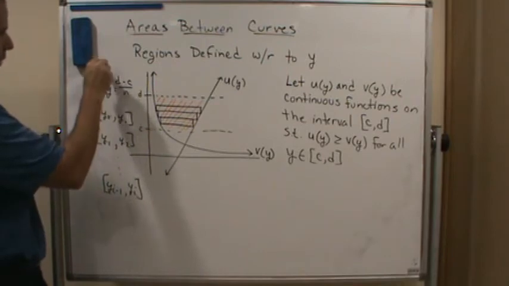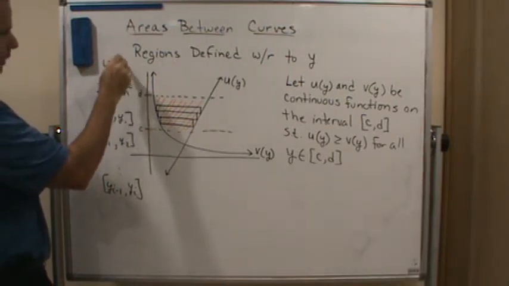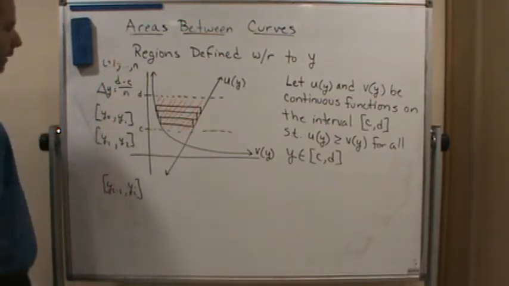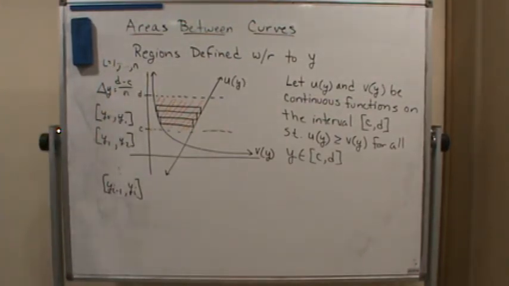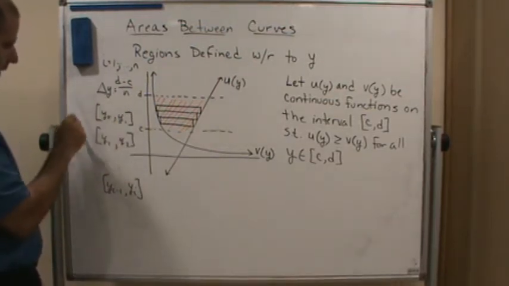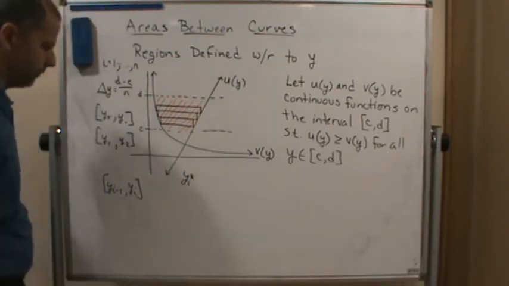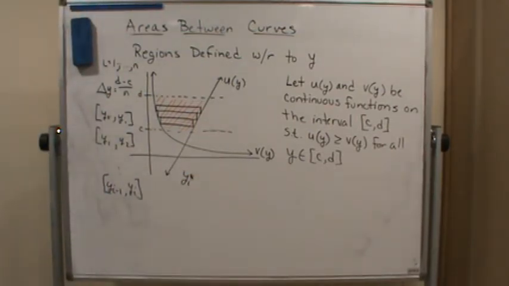And of course, this is for all i equals 1 to n, right? So however many subintervals we have. And then we're picking a point in each subinterval, y i star, right? So y i star in each subinterval.